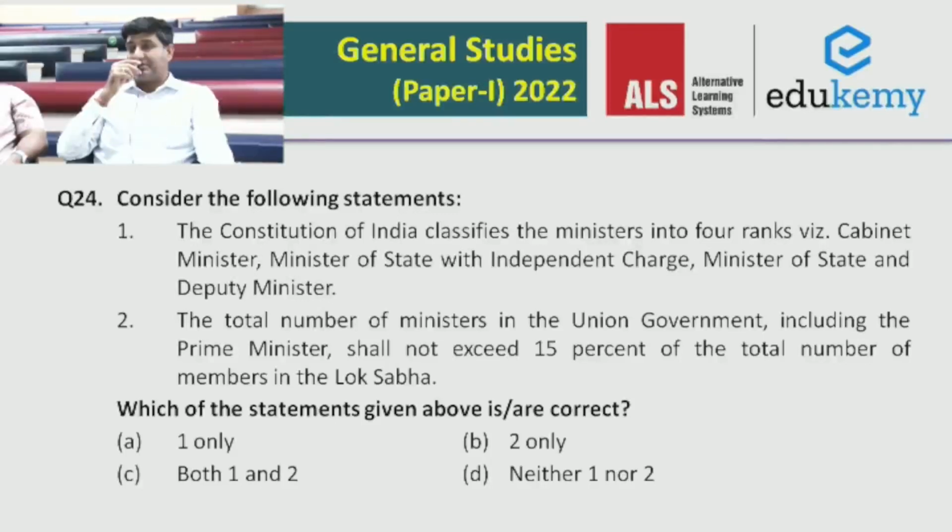This statement is correct. However, this was not in the original constitution, but through an amendment an upper cap was prescribed on the size of the council of ministers, and that upper cap is that it should never exceed 15% of the total strength of the Lok Sabha, including the prime minister.